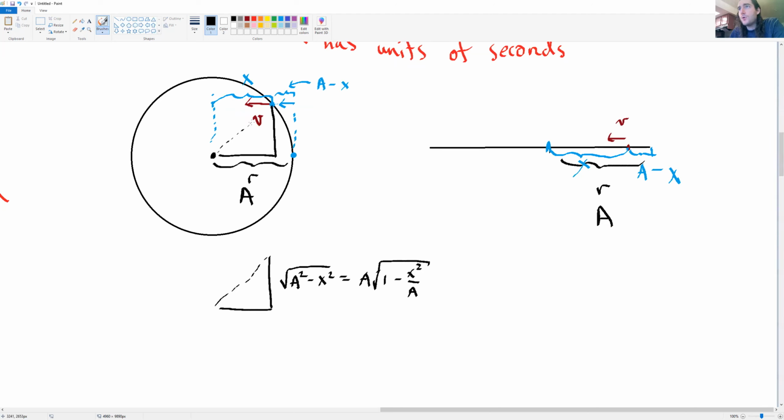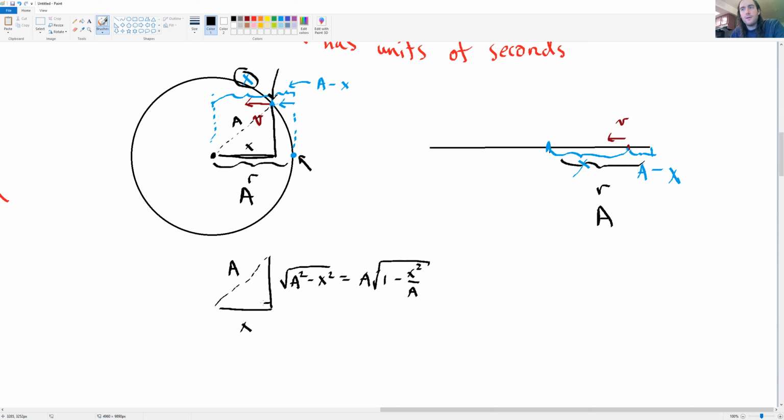The hypotenuse of the circle triangle here, the triangle in the circle, is a, right? Because the radius of the circle is a, so the distance to this point is a, and therefore the distance to this point up here is a, right? So from the center to that point on the circle, that's the distance a. The horizontal side of the triangle, this side right here, is just x. That's what we've called x up here in blue. So this is x, and this is a.